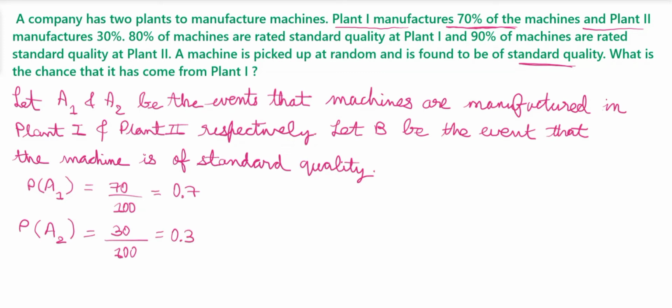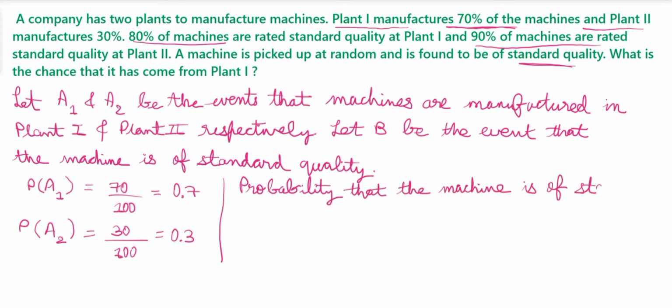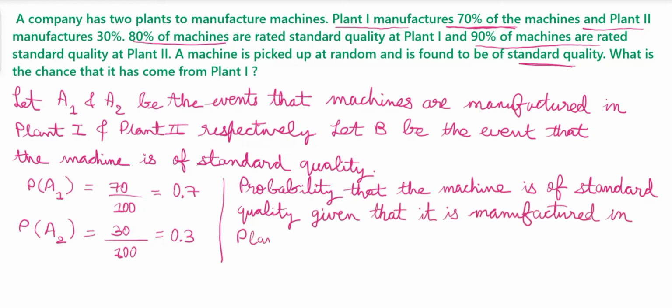Then we'll find the probability that the machine is of standard quality, given that it is manufactured in plant 1, which we'll write as P of B given that A1.